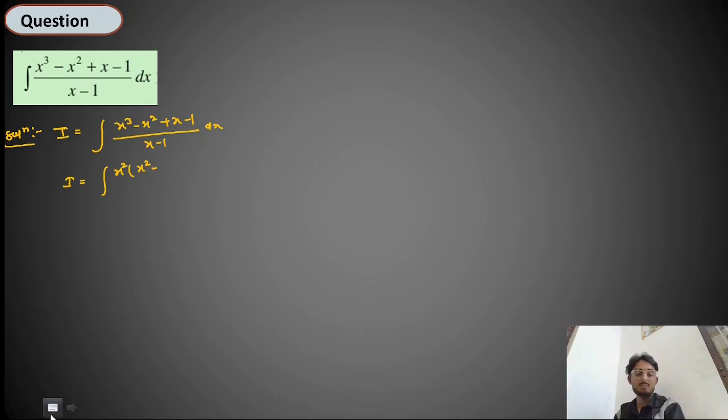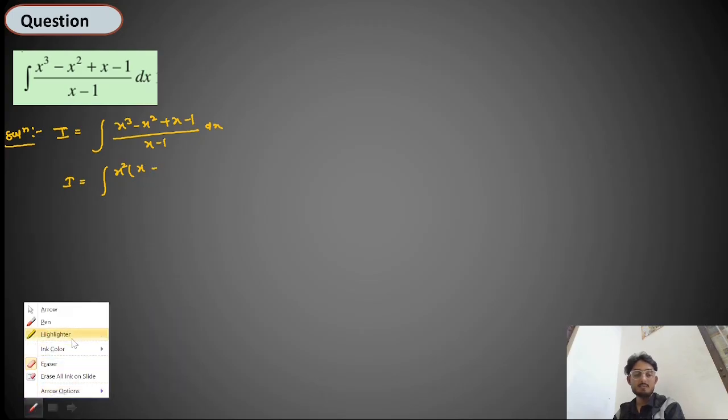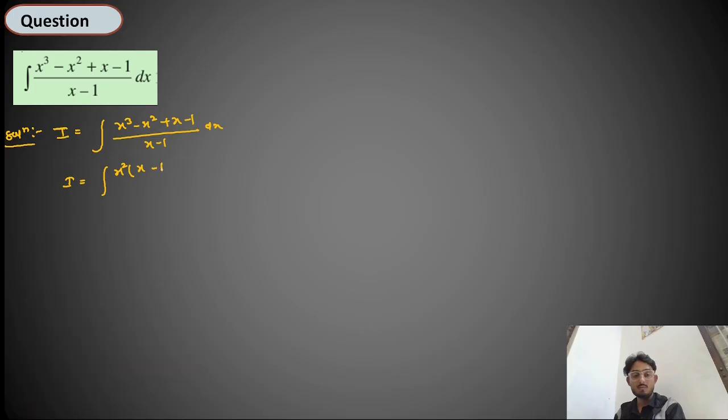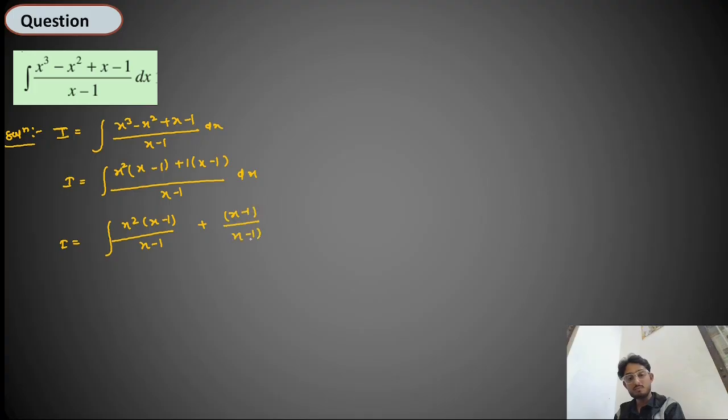So you take x square as common. When you take x square as common, here x remains and here 1 remains. There is nothing common between x and −1, so you take common as 1, giving (x − 1), and in the denominator you write x − 1, dx. Now you can separate the terms: x square (x − 1) upon (x − 1) plus (x − 1) upon (x − 1), dx.